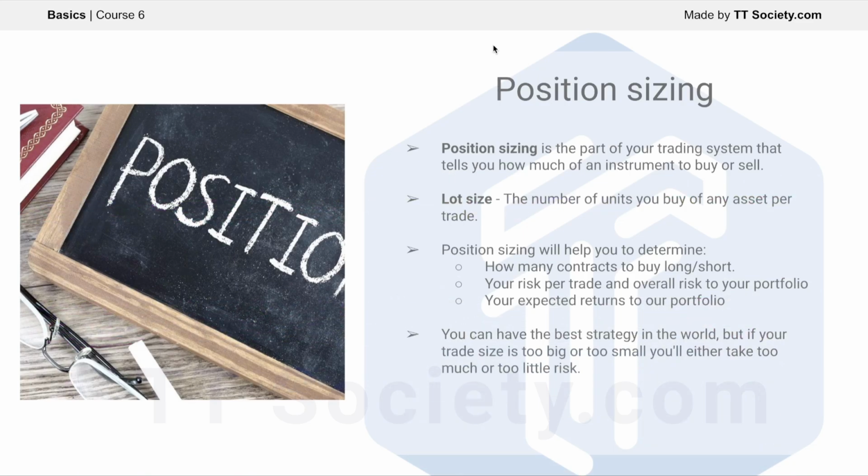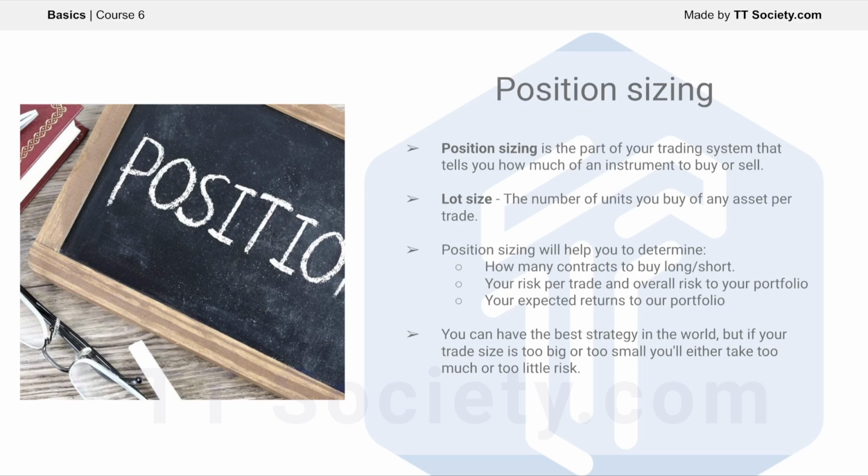Position sizing. Position sizing is the part of your trading system that tells you how much of an instrument you're going to buy, how many shares, how many contracts. The lot size is the number of units of that contract, of that asset you're buying.